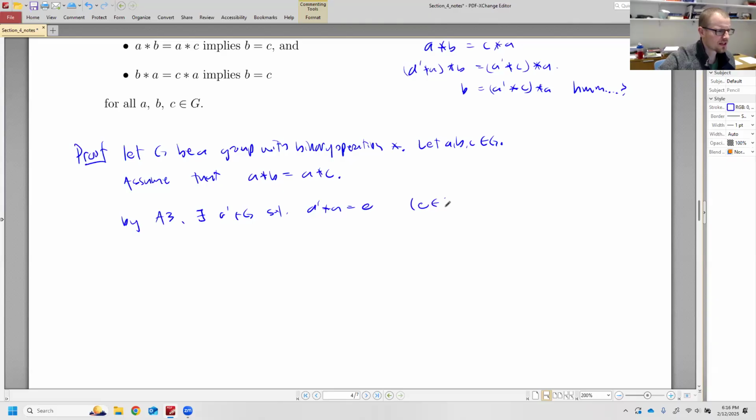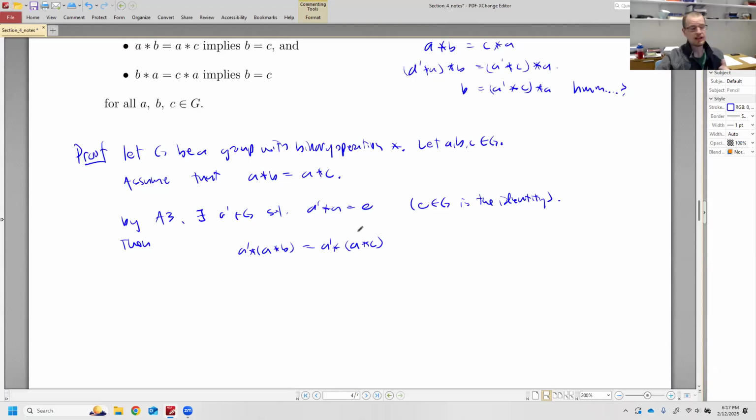So here, E in G is the identity. Excellent. Then we can take A star B being equal to A star C, that's what we start off with, and I'm going to multiply on the left by A prime.